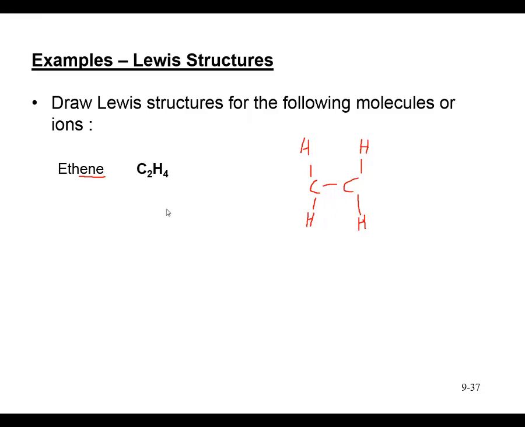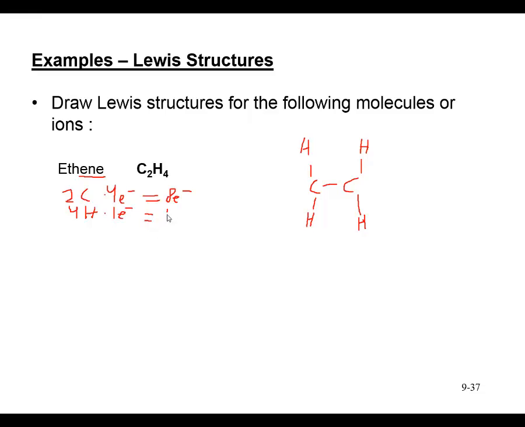So why don't we count the number of valence electrons I have to build my structure out of? And what I'll find is since I have 2 carbons and there's 4 valence electrons for every carbon to build the structure out of, I can take 2 times 4, gives me a total of 8 valence electrons from all the carbons, and I have 4 hydrogens times 1 valence electron from the hydrogen.